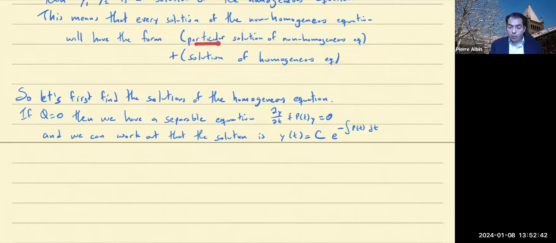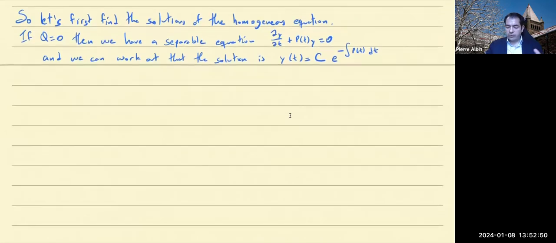Okay, great. So we've solved the homogeneous equation, and as far as the non-homogeneous, we've gotten most of the way there. We just need to find one particular solution, right? If we can find one particular solution, then that's great. We can just add the solutions to the homogeneous equation and we're done.